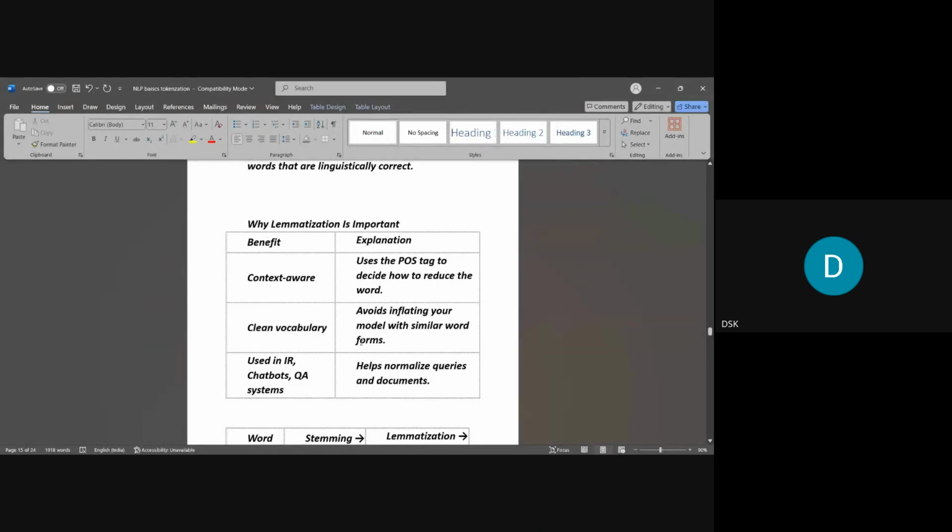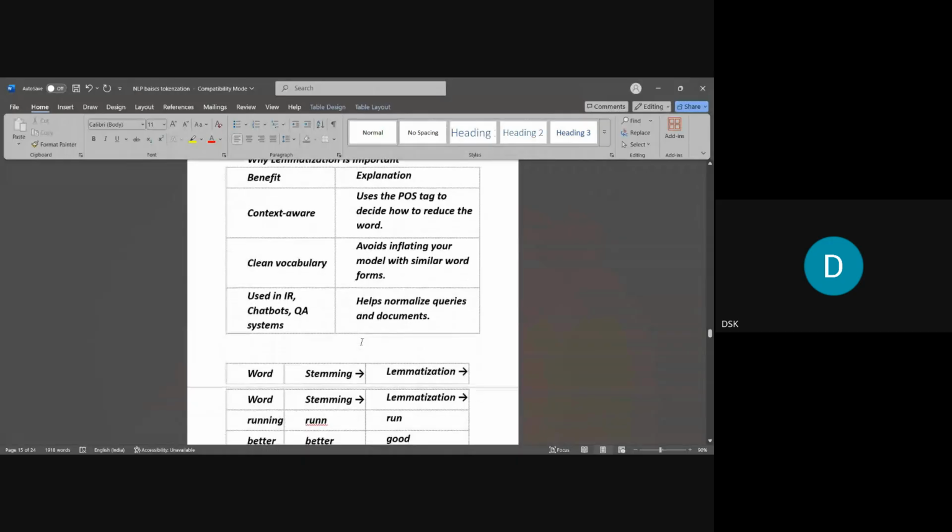Because it is context aware and it uses the POS tag to decide how to reduce the word. It also provides clean vocabulary. It avoids inflating your model with similar word forms. And it is used in chatbots, QA systems, and it helps normalize queries and documents.